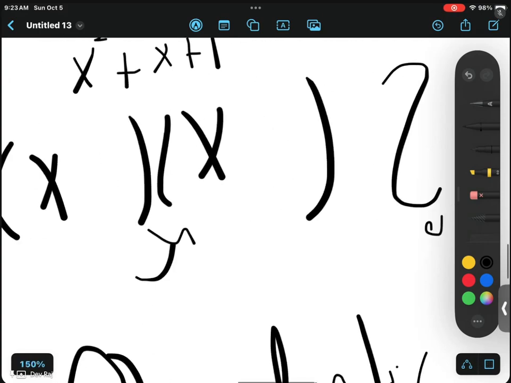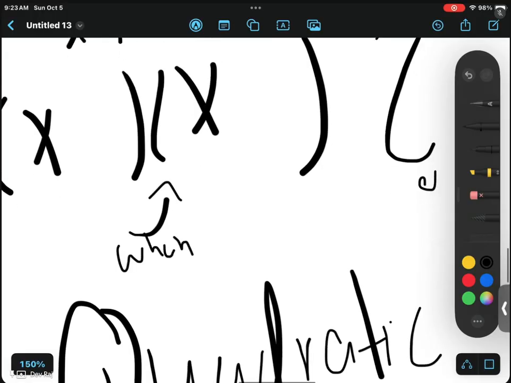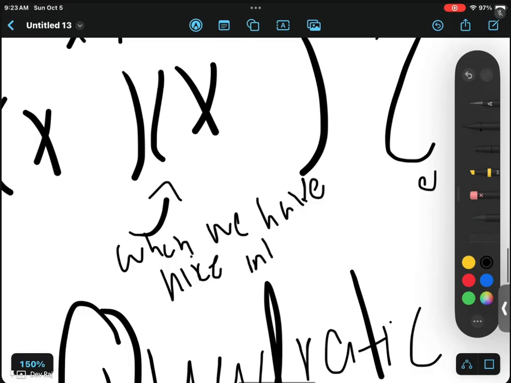Remember, we could only use the other method when we have nice integers, like 1, 2, 3, or whatever.